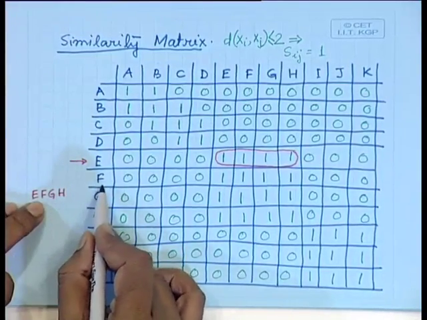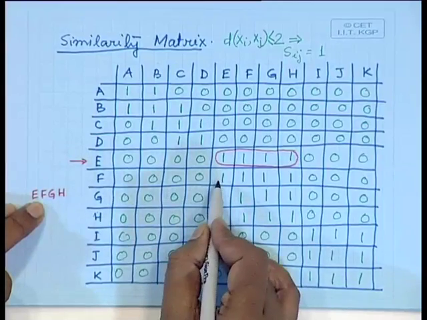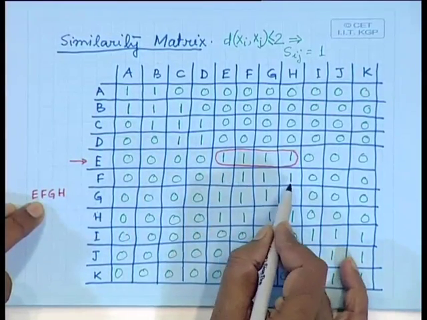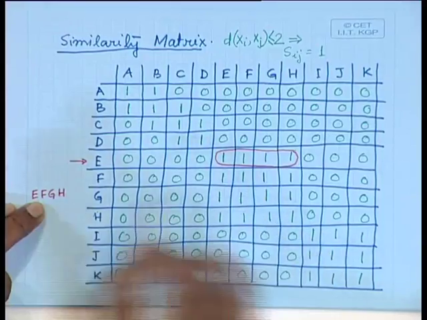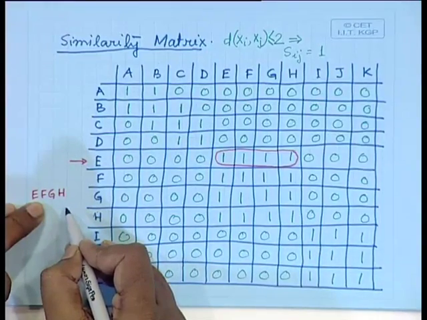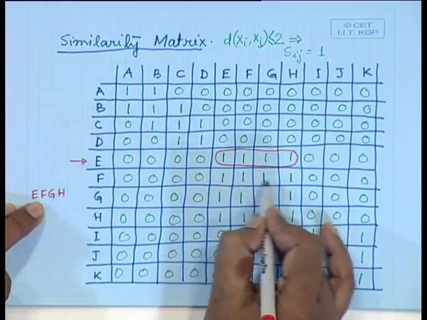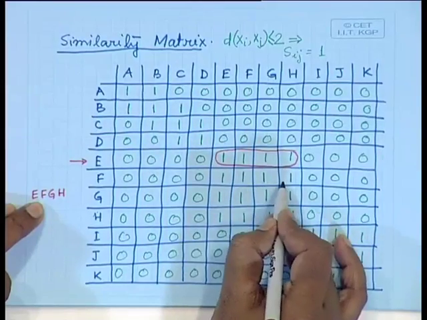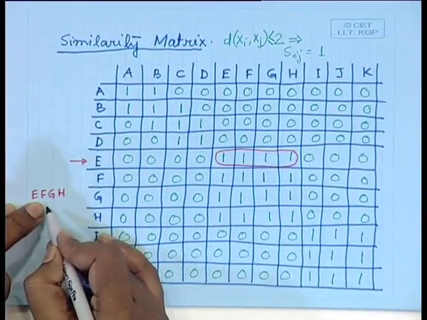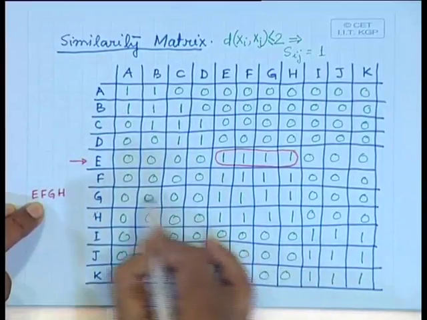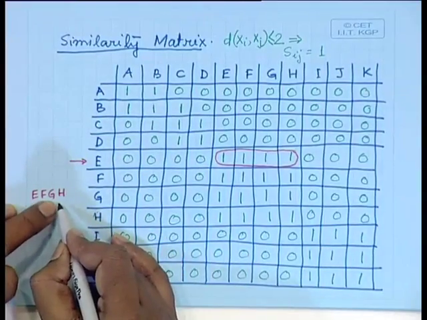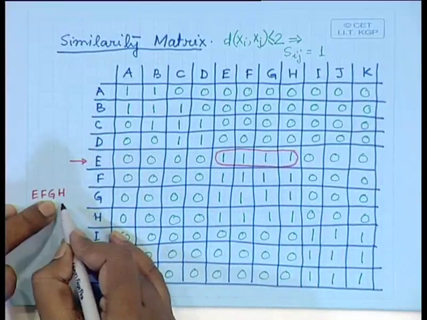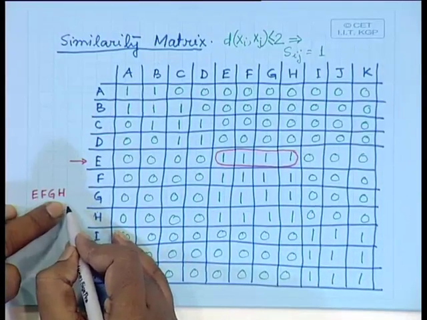Come to the row corresponding to F, all the corresponding feature vectors within this row where I have 1 in the similarity matrix, they will be put into the same cluster. But you find that all the points corresponding to which this entry is equal to 1 are already put into the same cluster. So, nothing more is to be added. Next, you come to the row corresponding to G. Here also the same thing, all these points are already in the cluster. So, nothing more is to be added.